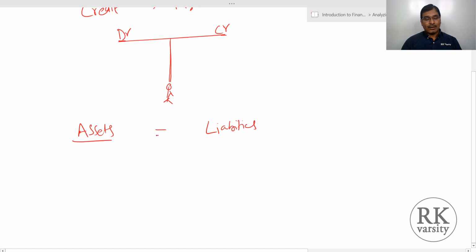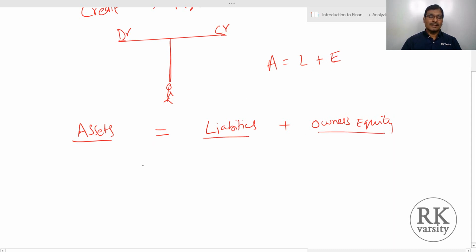This is our accounting equation also: assets equals liabilities plus owner's equity. So our accounting definition, assets equals liabilities plus owner's equity. Based on these three different classifications of our accounting items, we use the rules of debit and credit.